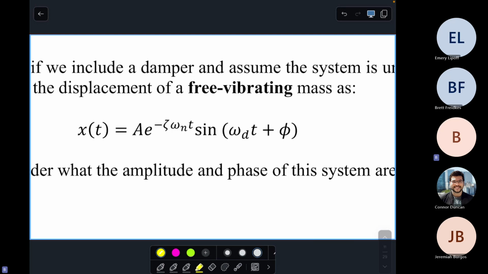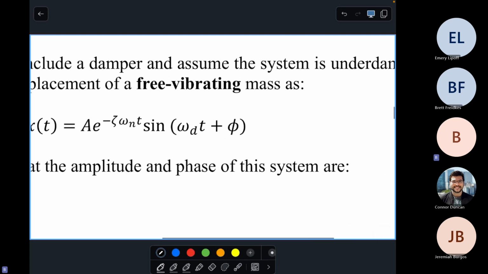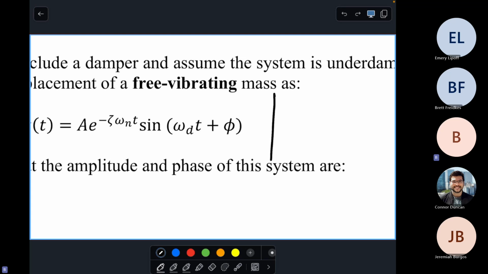Underdamped oscillates, that's correct. So if I were to draw this, it would oscillate back and forth as it decays exponentially. We see that we have this sine wave here that's dictating the oscillations, and then the amplitude of that motion is created by this envelope.